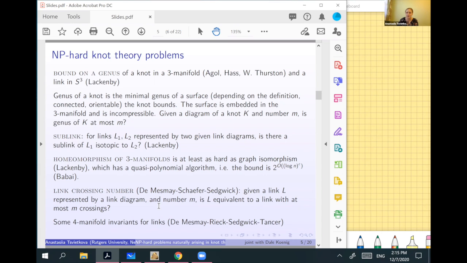So you have isotopic knots if and only if you have homeomorphic knot complements in the three sphere. For links, this is not exactly so because you might have links with the same homeomorphic complements. However, we know which exactly links these are. We know how they look like.